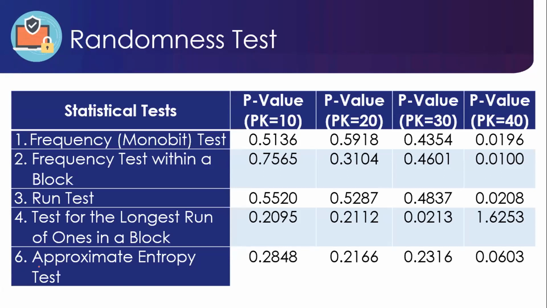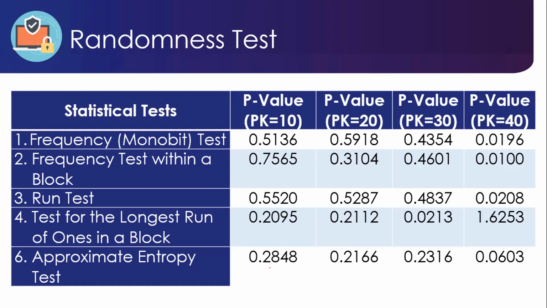Okay. So in this study, if the result is 0.1% or up, it means that your encrypted key, or the bits that you use, is random. It means it cannot be assigned to a different key.